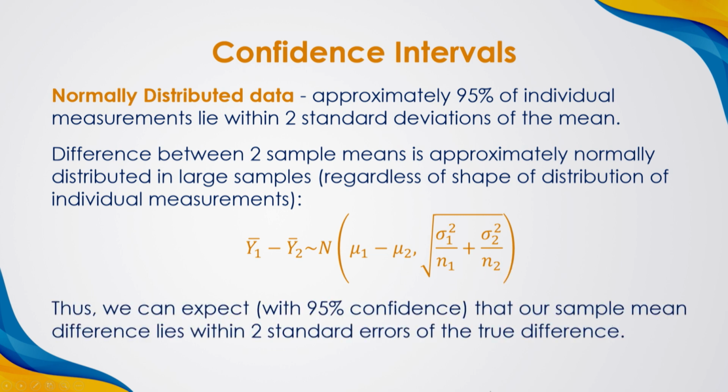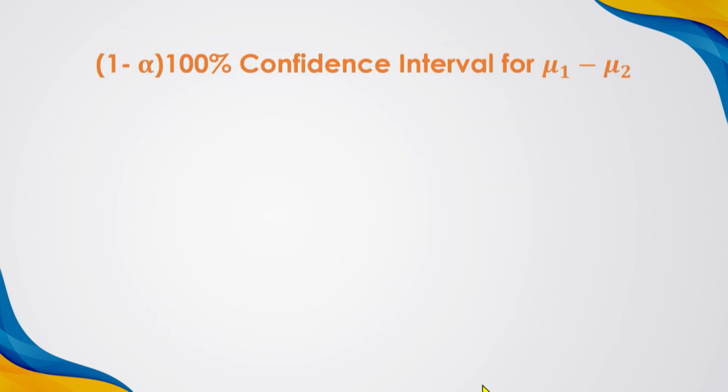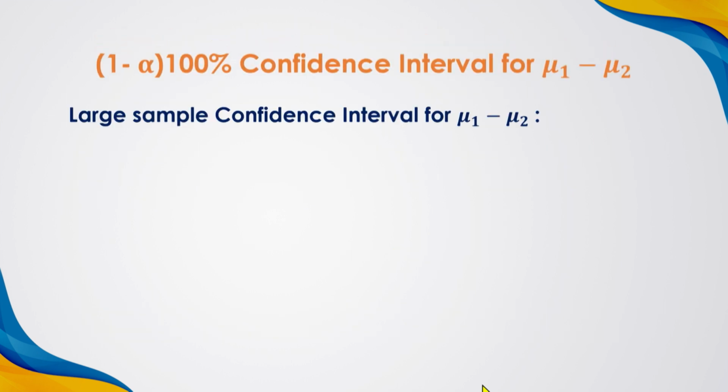Thus, we can expect with 95% confidence that our sample mean difference lies within two standard errors of the true difference. The 1 minus alpha times 100% confidence interval is for the difference between two means mu1 and mu2. The large sample confidence interval for mu1 minus mu2 is y1 bar minus y2 bar plus or minus z at alpha by 2.